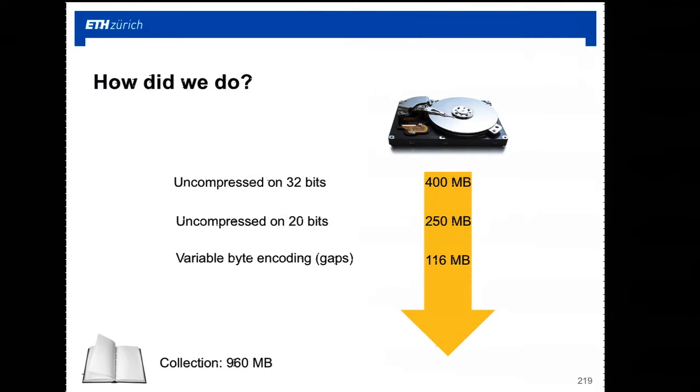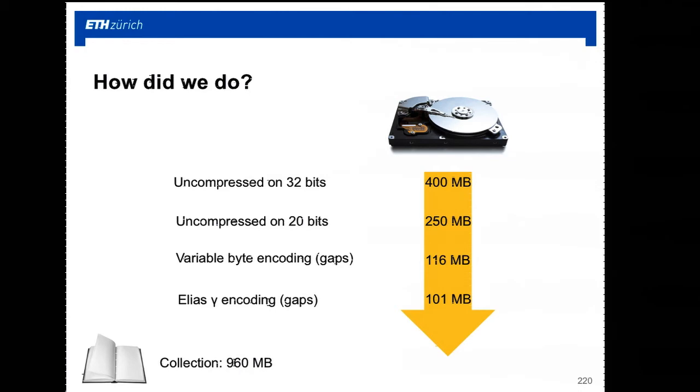Then we had the variable byte encoding, which is when we try to encode the gaps of the postings list with the variable byte encoding, the one with the zeros and ones that flag the end. We are already at almost 1/4 of the size. That's pretty good, right? And then if we use the gamma encoding, the Elias gamma encoding, just to give the credits to Peter Elias, who is the author of the encoding.